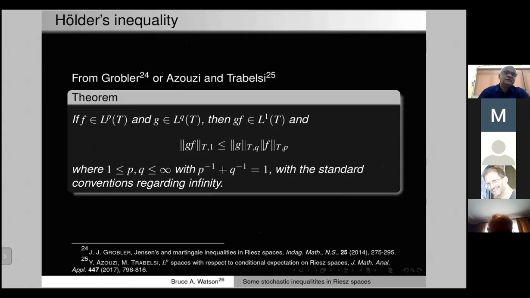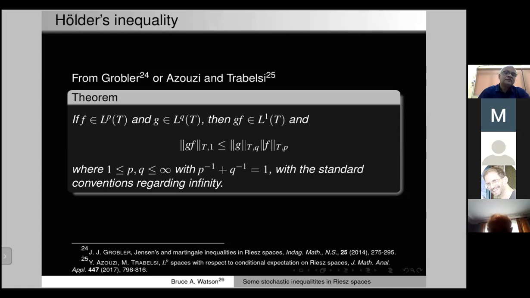Well, the next inequality, the first of the big inequalities, let's say, is Hölder's inequality. This can be found in Kuo, Labuschagne and Watson's paper on Jensen's and martingale inequalities in Riesz spaces, and in Azouzi and Trabelsi's paper on LP spaces in the Riesz space setting.